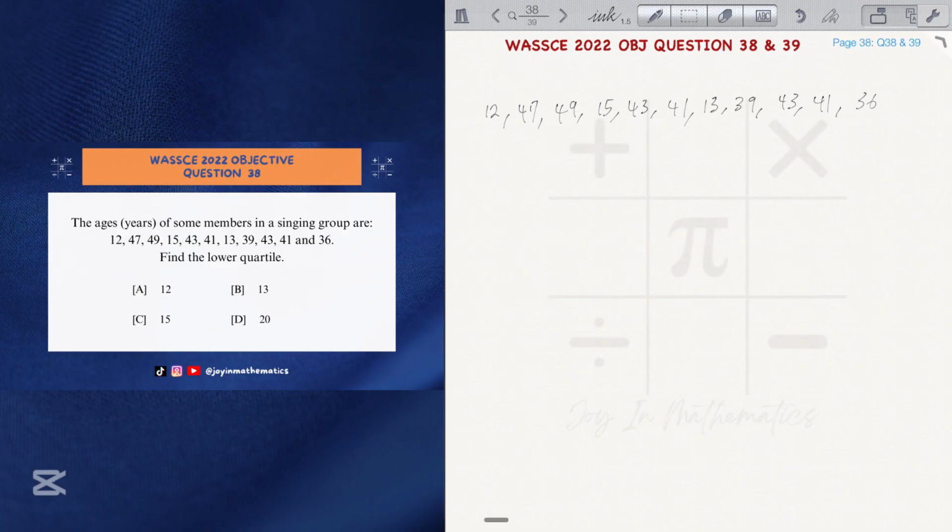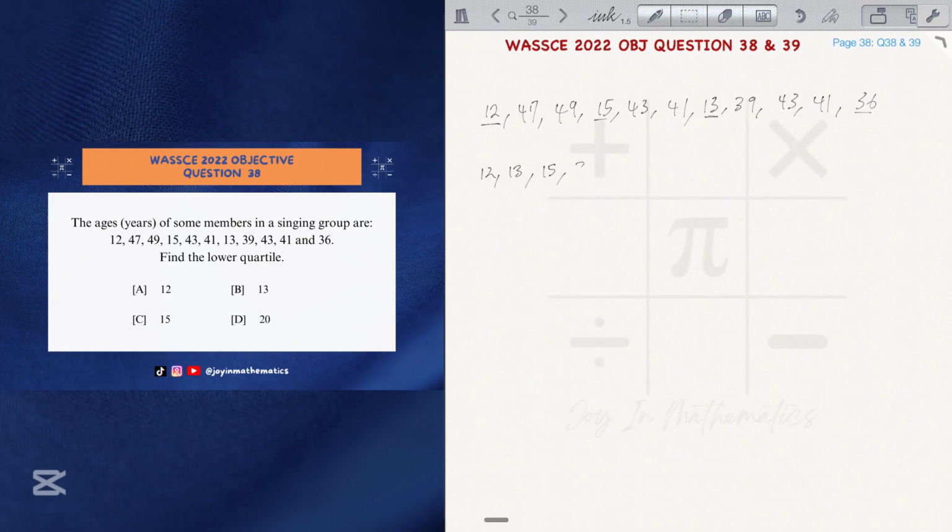So in this case, the first thing we are going to do is to rearrange these data sets in ascending order. So we start from the lowest, which is 12, and we proceed further. So we have 12 followed by 13. After 13 we move to 15. From 15 we move to 36.